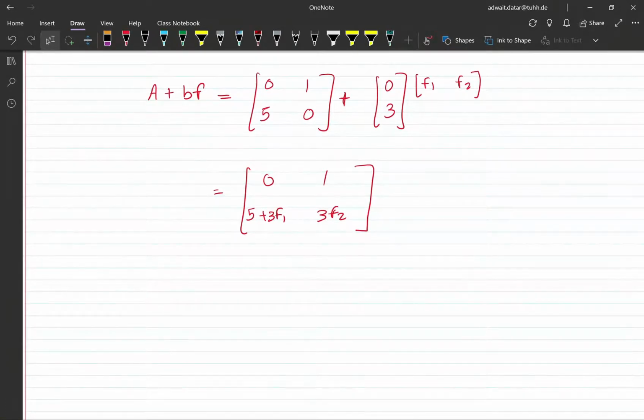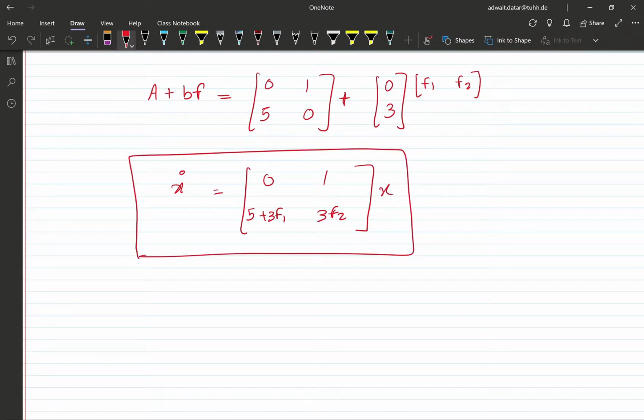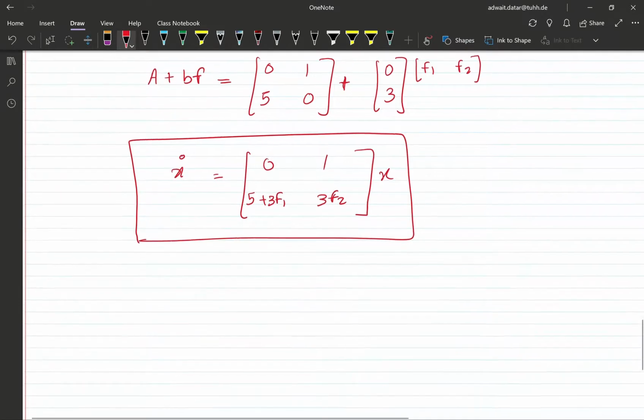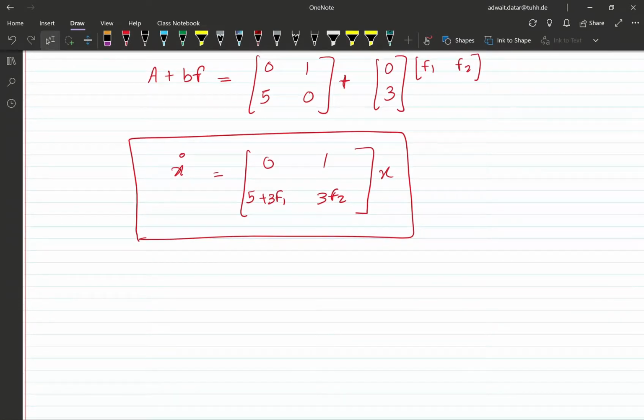So as we did before, this first of all is the closed loop dynamics. Now we can get the transfer function or the characteristic polynomial by writing down the differential equation quickly, which is y double dot is equal to 5 plus 3F1 times y plus 3F2 times y dot.